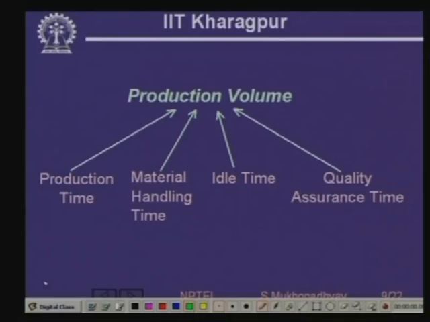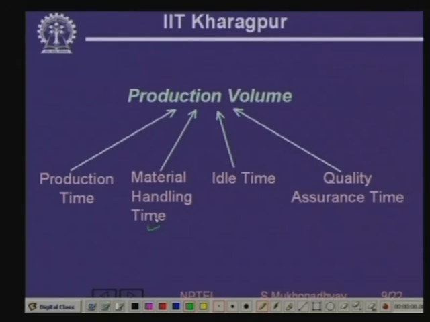Essentially, you can increase volume of production if you can cut down the time to produce one job, one unit product. So, what is this time? The total manufacturing time can be divided under these heads: production time, material handling time, because to be able to produce the unit you will have to take it from machine to machine.